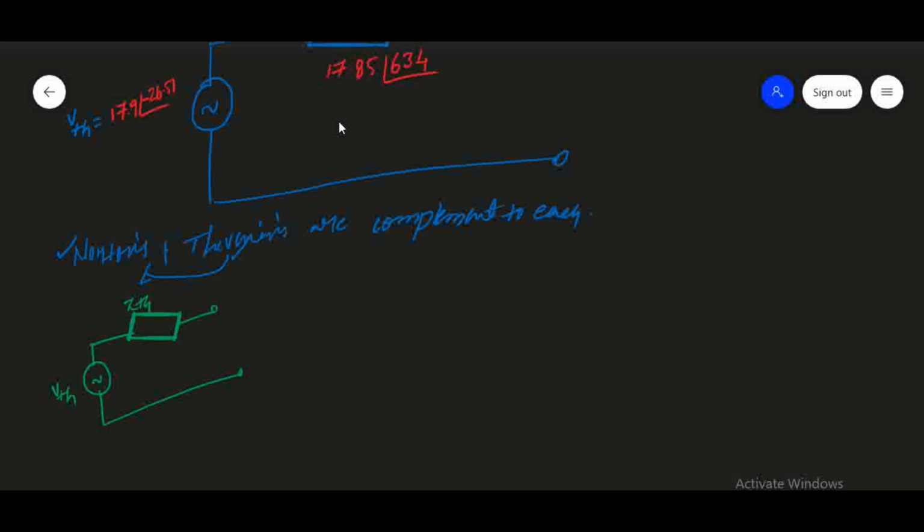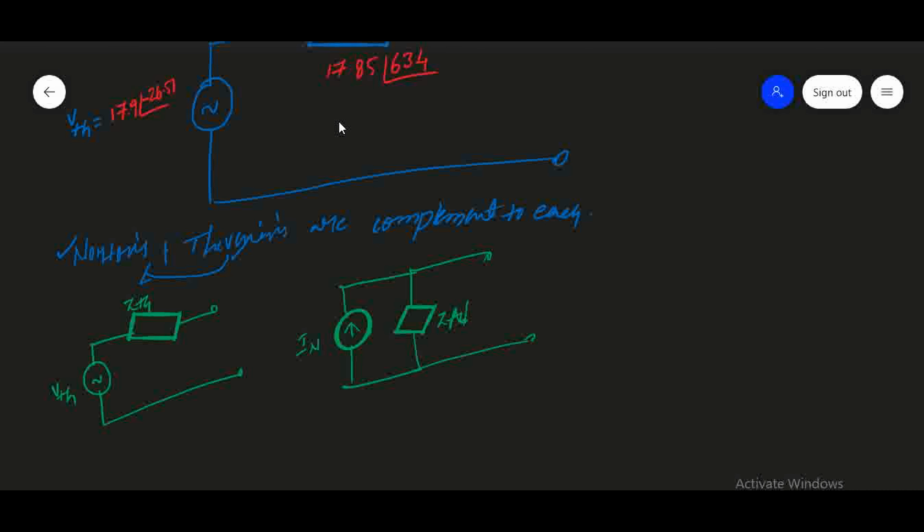Similarly, the Norton's equivalent circuit contains some current IN and, in parallel to this, some ZN. In Thevenin's theorem, a voltage source is connected in series with the equivalent impedance ZTH. In Norton's theorem, we get an equivalent circuit containing a current source and an equivalent impedance, that depends upon your circuit.